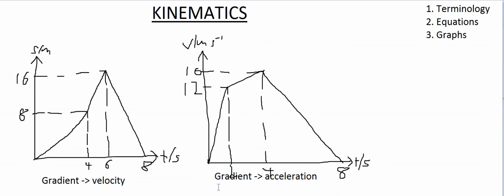And the area under the graph is the displacement. If you compare it second by second, you can understand it's always the average speed.